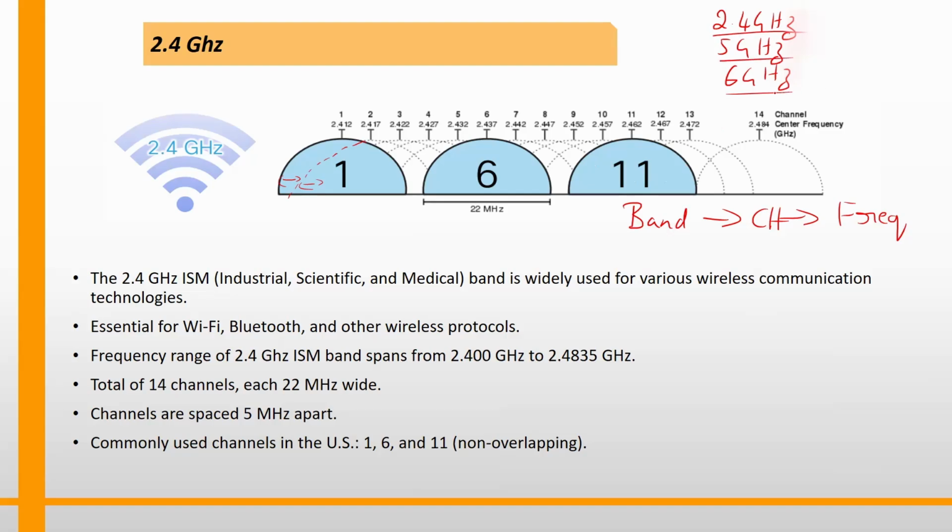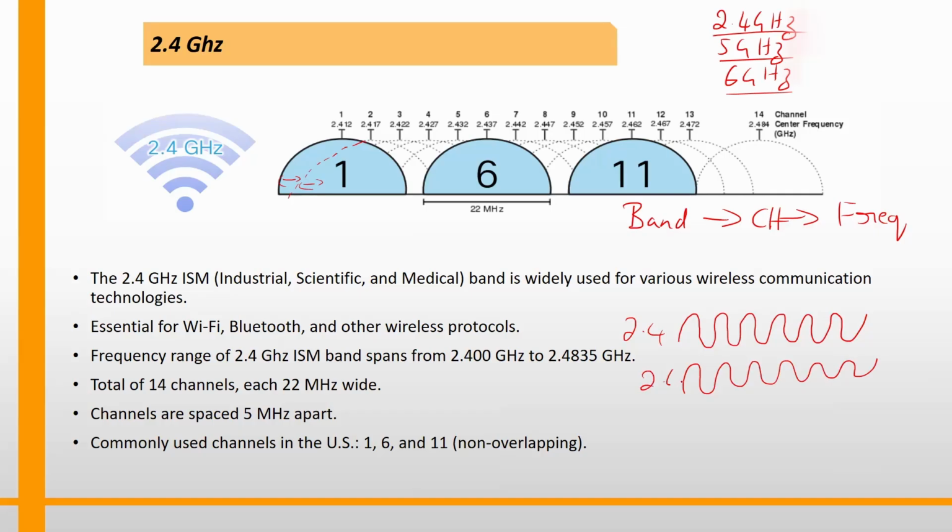Okay. 5 gigahertz, more frequency. 6 gigahertz, more frequency. Now, we are not going to send a signal on a single frequency. Why? Because when I send a signal on 2.4 gigahertz in a wireless LAN environment, there can be another 2.4 gigahertz signal, and that is going to collide with the signal that you are going to send.